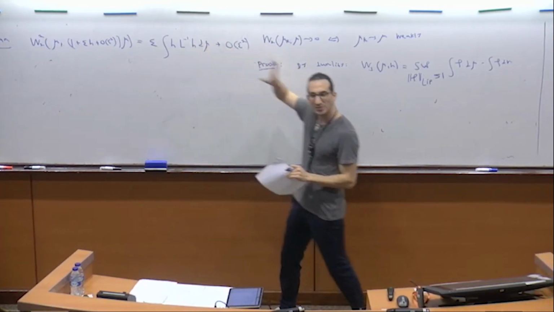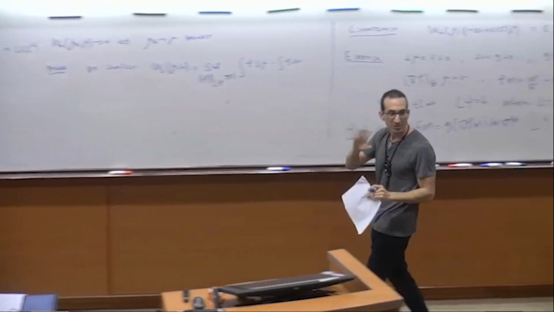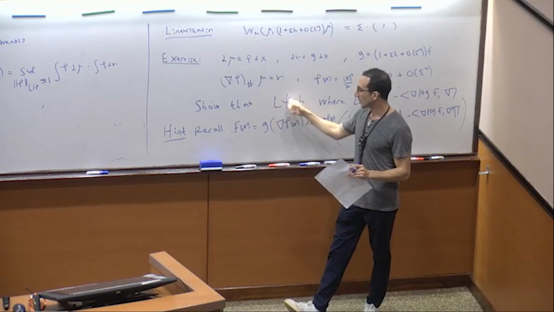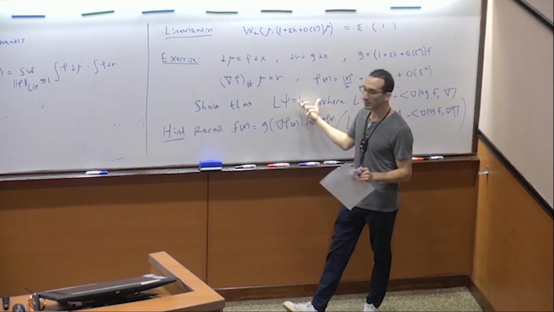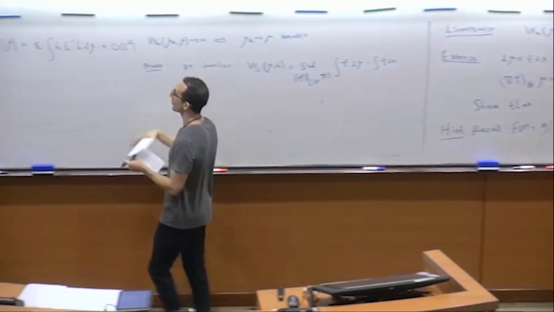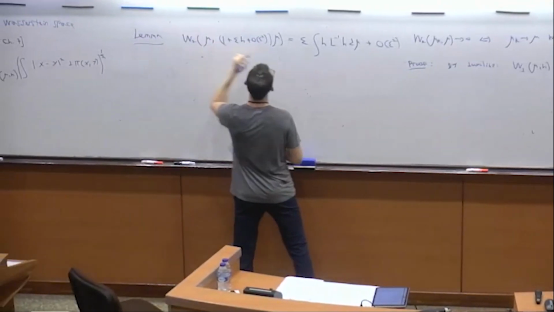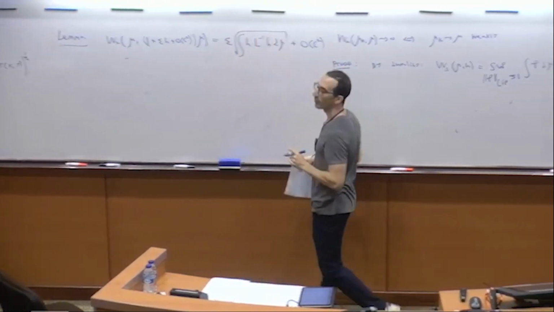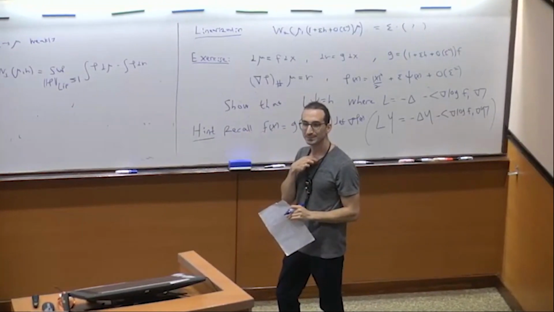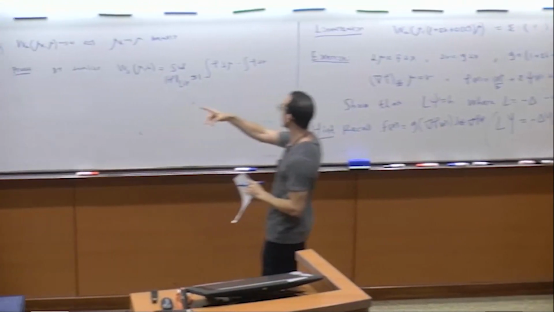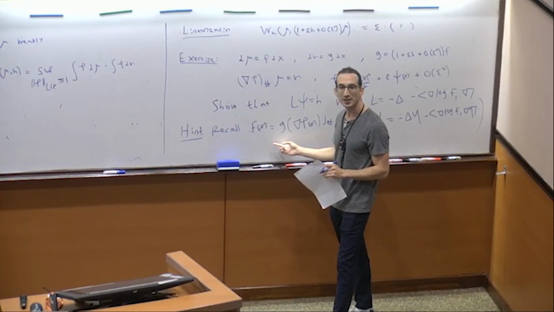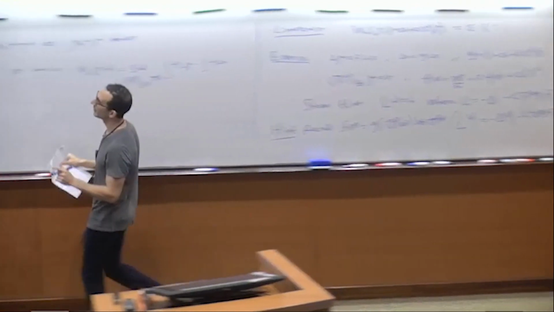L inverse just means the inverse of the operator. You can just think of it as the inverse of a matrix, a matrix which maps a vector psi into a vector h, so L inverse is just its inverse. Okay, yes, sorry, because I squared. Okay, so let me write it like that because I want to emphasize it. But actually, if you stare at it for a second, you will see that it's an immediate consequence of this exercise. Why?